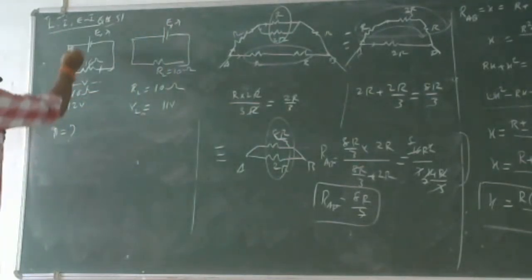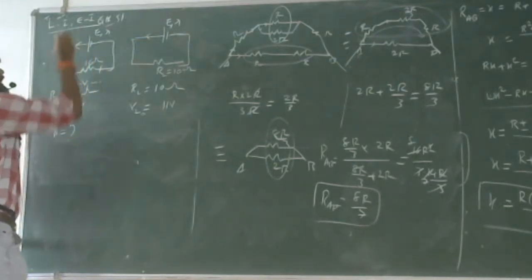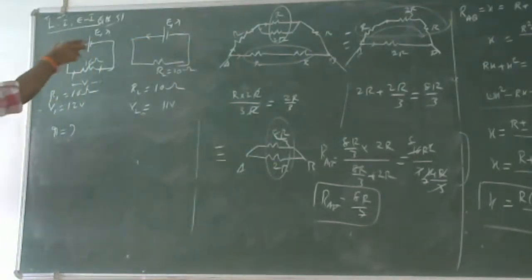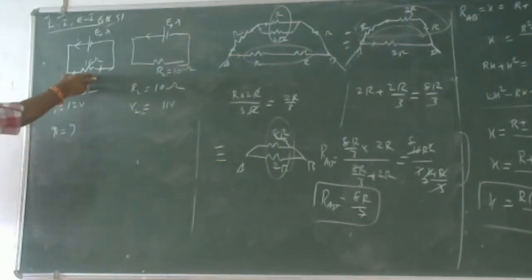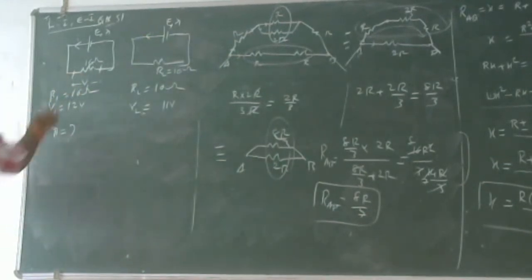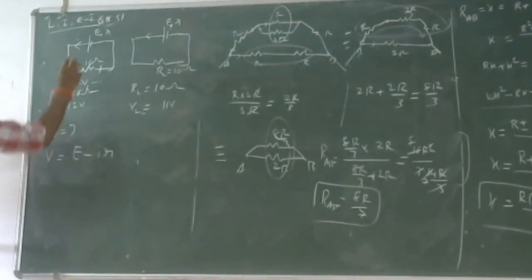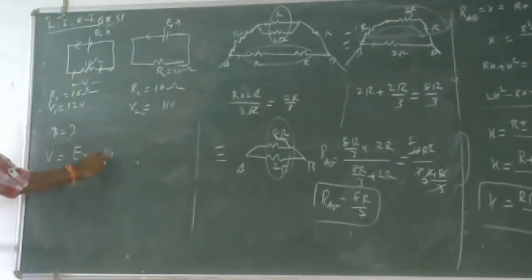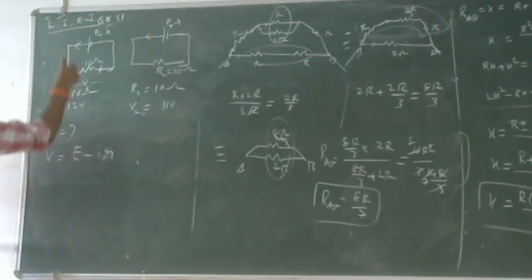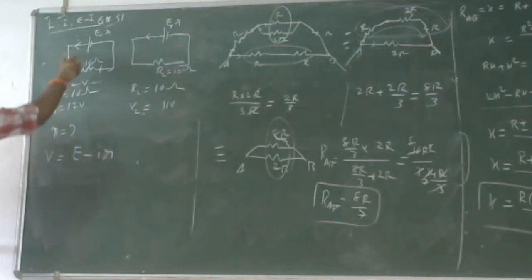So when you connect this, a current I will be drawn. So we can say terminal potential difference across this is nothing but this. So you can say terminal potential V is equal to E minus Ir. Here this r is nothing but internal resistance. Internal resistance is the same, E is also same.